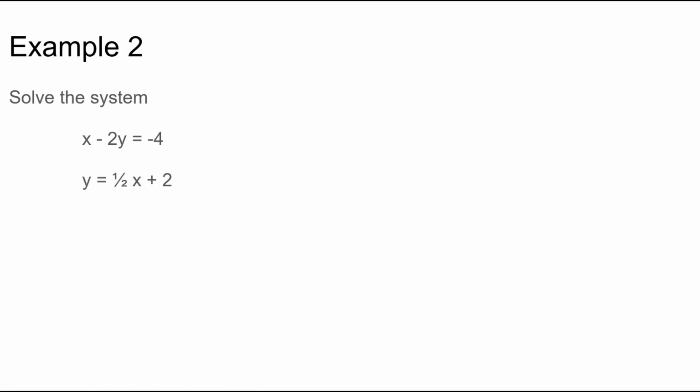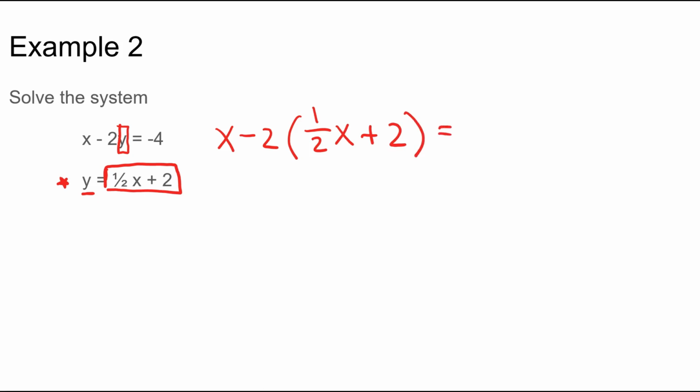Example 2. Well, in this case, I'm not going to graph, but I am going to use substitution because I've got one equation that's equal to y. So I'm going to box around it, and because it's y, I'm going to box the y over here. So I get x minus 2, flip-flop those boxes, 1/2 x plus 2 is equal to -4. I'm going to put a 1 on that, 1x.